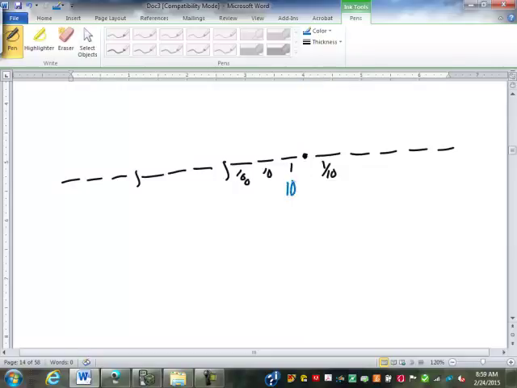This is 10 to the 0, which is 1, 10 to the 1, 10 to the 2nd is 100, 10 to the 3rd is 1,000, 10 to the 4th is 10,000, 10 to the 5th is 100,000, 10 to the 6th is a million, and so on. 10 to the -1, we've already seen is 1/10. 10 to the -2 is the 1/100th. 10 to the -3, -4, and so on in that way.